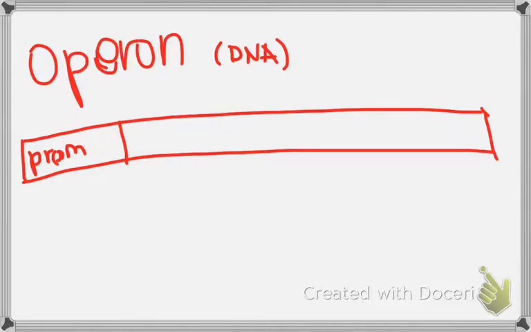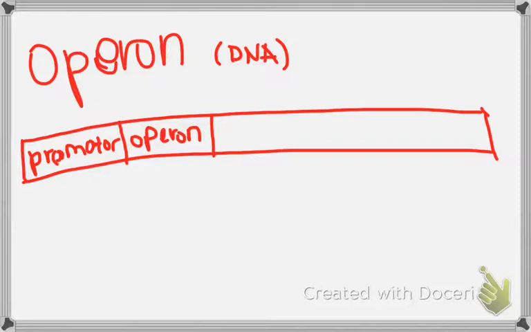Let's actually spell that right. My mind's getting ahead of my pen. Promoter. The second part is actually going to be your operator. This is where it's located. It's kind of behind the promoter, and over here somewhere would be a TATA box. Don't worry about what a TATA box means. You really don't have to know that.